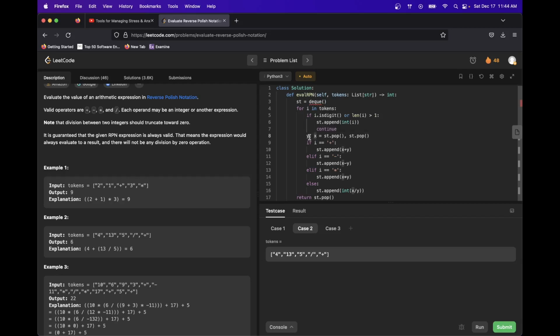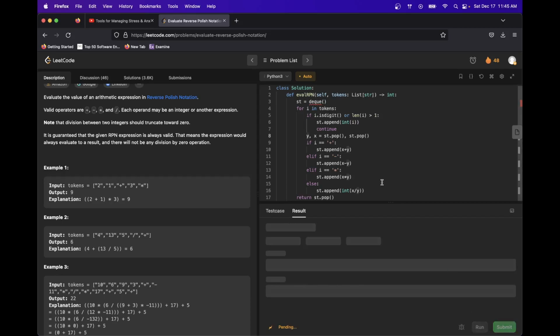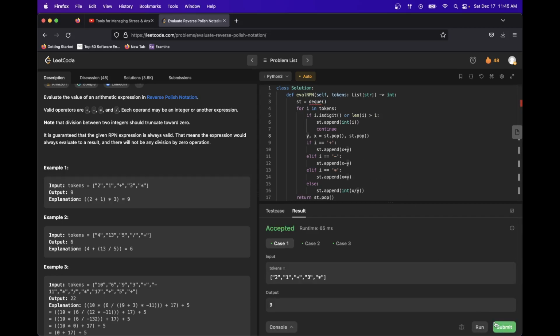So here we're saying pop y off first because that's the most recent one. So specifically with subtraction and division, where we can't just use x and y interchangeably on either side of that operator, make sure that the order's right. So now when we run this, it should just work.